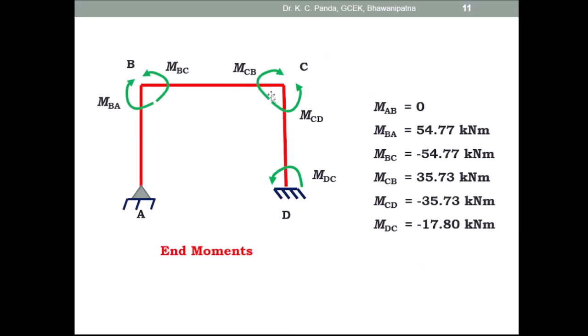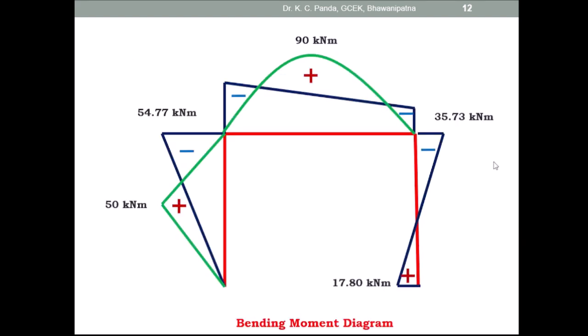Similarly for MCD, on this side you take 35.73 and on this side 17.80, and join these two points. This is negative. Tension on the inner side you take positive, plus, and this is minus, and this total is minus.